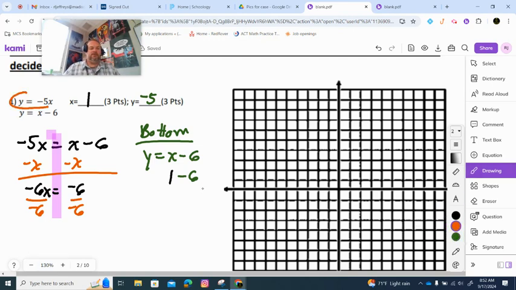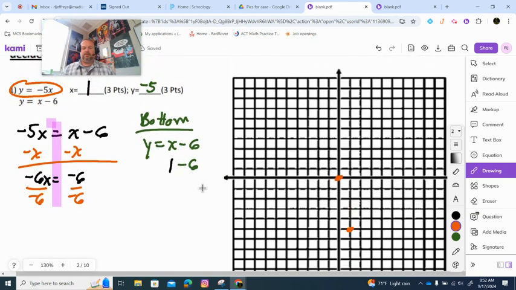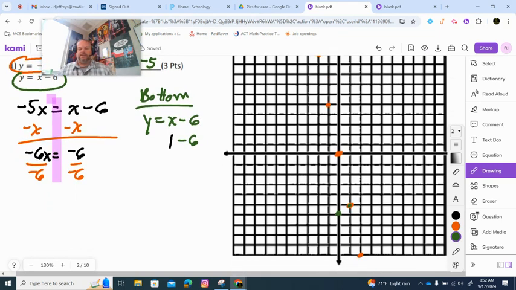All right, so if I graph it, that's over 1, then 1, 2, 3, 4, 5. And here's the bottom one. So this would be 6 up, 1 over 1. Okay, so it's still the same thing, 1, negative 5.